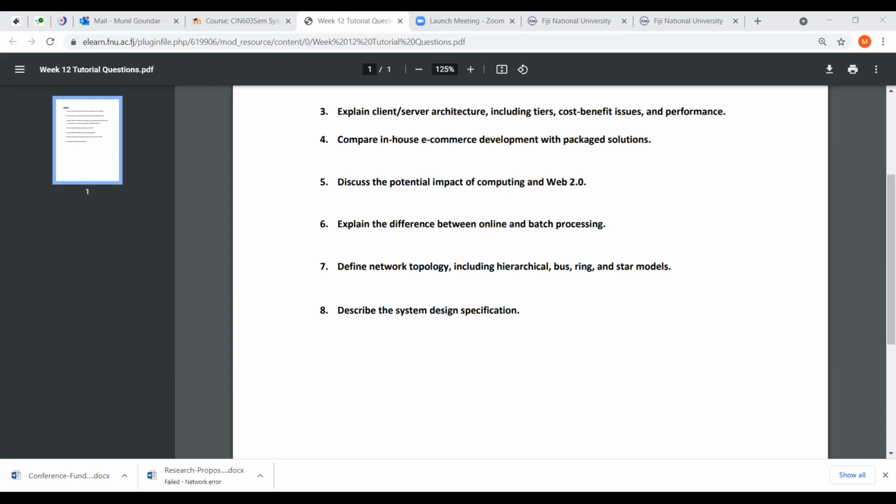First of all, write down client/server systems enable the firm to scale the system in a rapidly changing environment. Full stop.